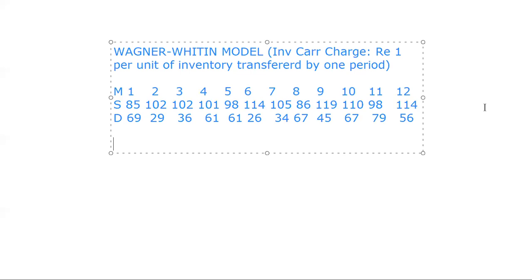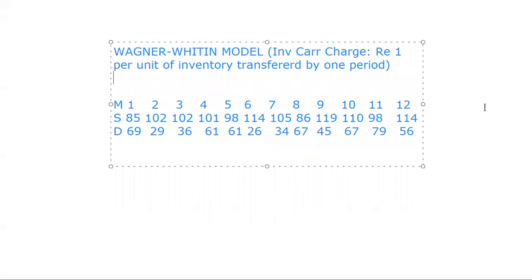Okay. So we'll take this example one by one. Suppose I produce in the first period, what will be my cost? So the cost will be demand 69 into 85. No, this is S, my setup cost. Let me clarify here.